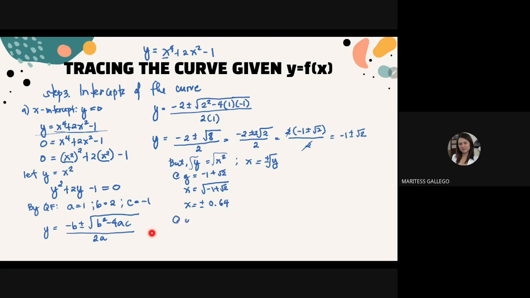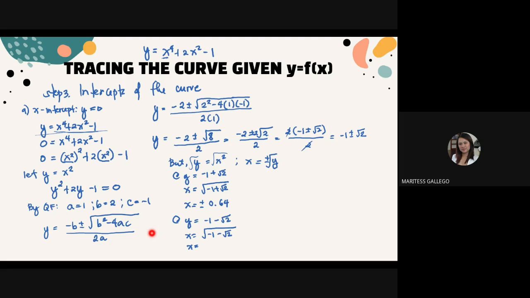And the next one is, what if y is equal to negative 1 minus the square root of 2? So what is now our x? X is the square root of negative 1 minus the square root of 2. Okay, ano yung nasa calci nyo? Is there a value? Error? Ma'am, error naman po.